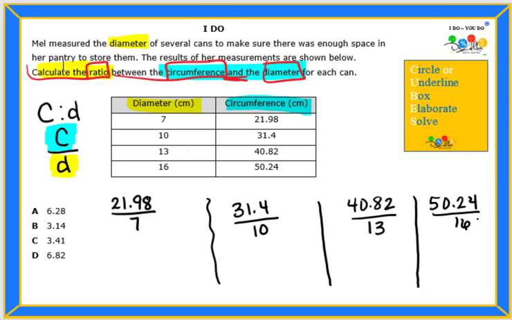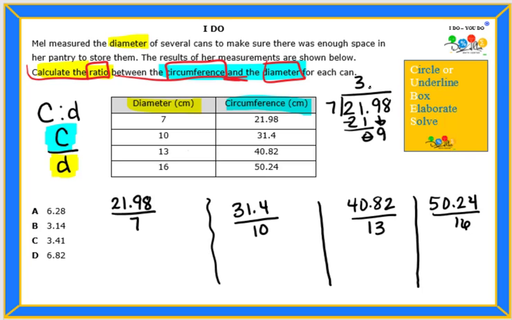Okay, when we are going to simplify this ratio, we're going to divide the numerator by the denominator. So let's start with our first one. We have 21.98 divided by 7. 7 goes into 21 3 times. We bring down the 9.